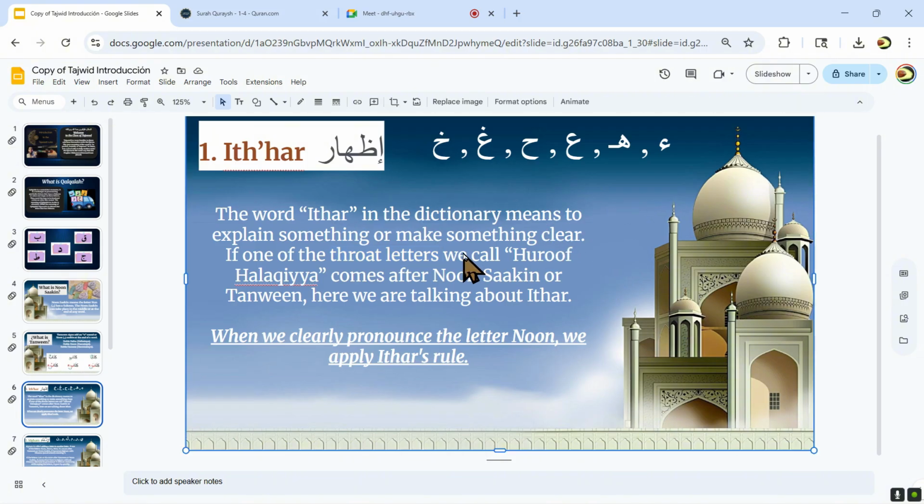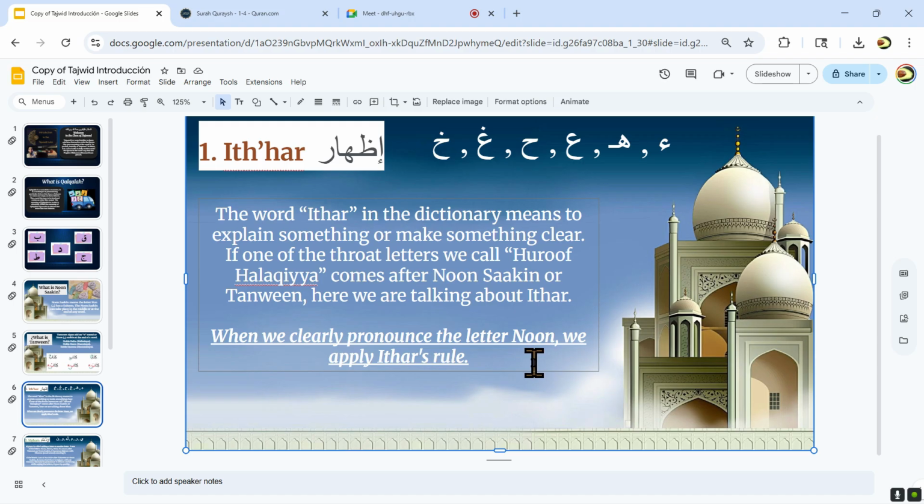Right here it says the word idhar from the dictionary means to explain something or make something clear. When the throat letters, the huruf al-halaqiyya, come after nun sakin or tanween, we pronounce the nun clearly. For your notes, write: when you see these 6 letters, the nun is pronounced clearly.